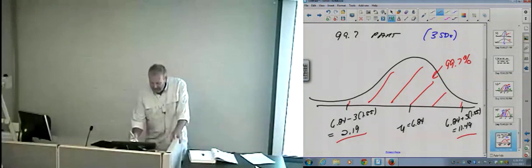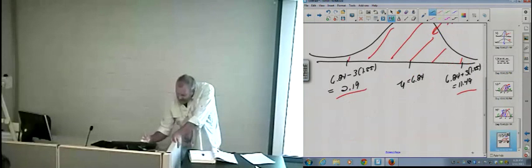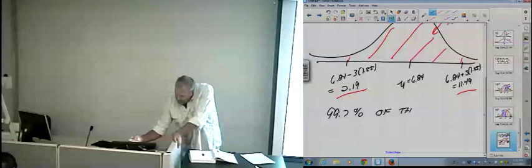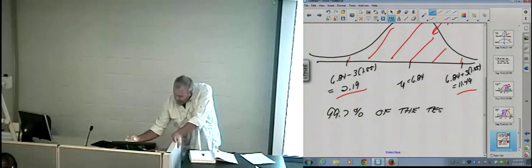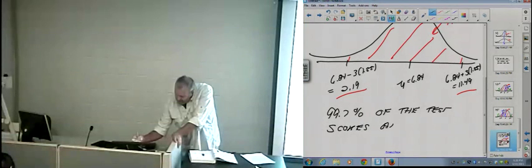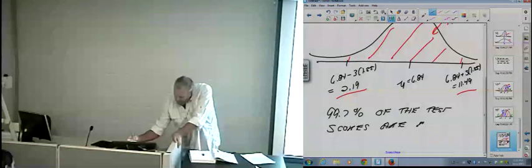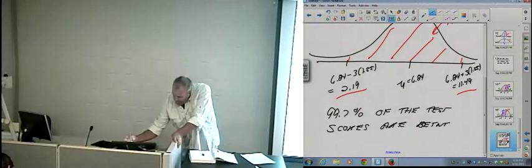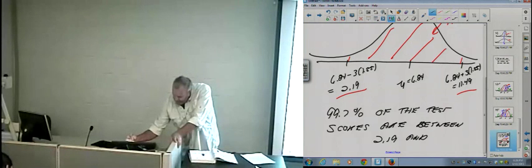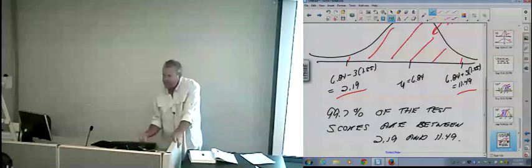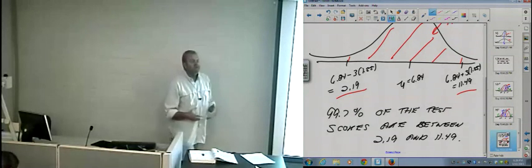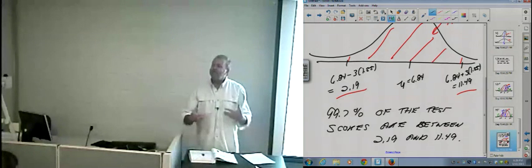So what this is telling me is 99.7% of the test scores are between 2.19 and... remember, the area, that proportion, that percentage is representing observations.